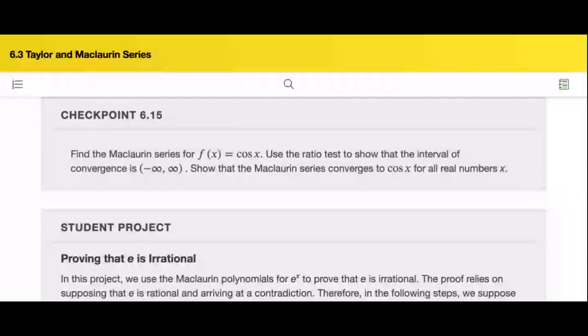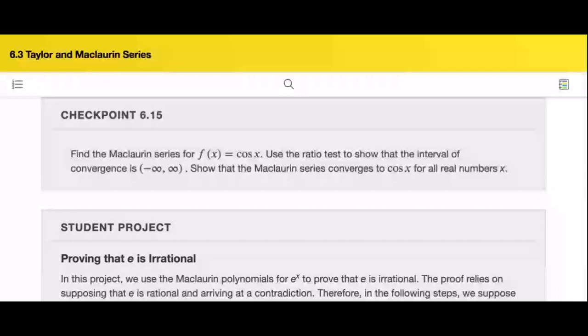Oh, I forgot a -1 because it's an alternating series. So -1. The denominator is 2n. Oh, you're right. The denominator, right. Okay, I'm totally wrong. Let me rewrite it. So it's -1 raised to n.